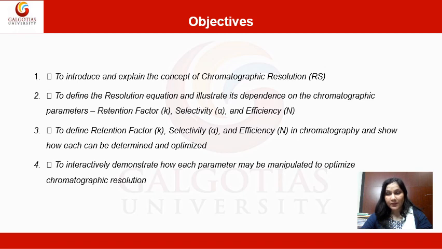Now, what are the aims of today's lecture? First aim is to introduce and explain the concept of chromatographic resolution, that is denoted by Rs. Then to define the resolution equation and illustrate its dependence on the chromatographic parameters such as retention factor, denoted by small k, selectivity denoted by alpha, and the efficiency denoted by capital N. Then to define the retention factor, selectivity and efficiency in chromatography and show how each can be determined and optimized.